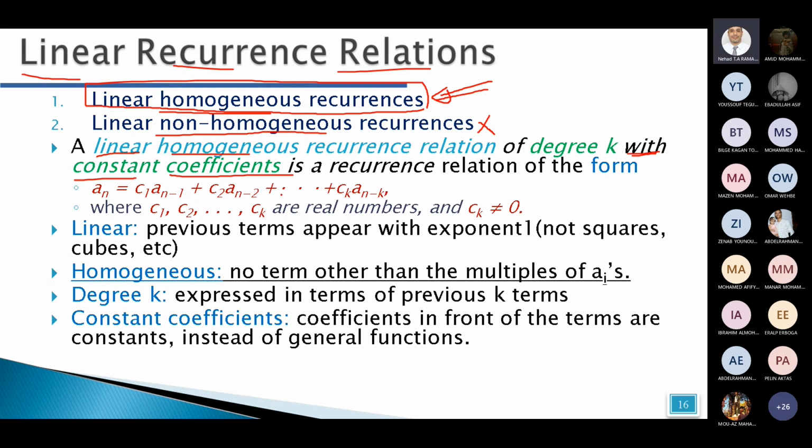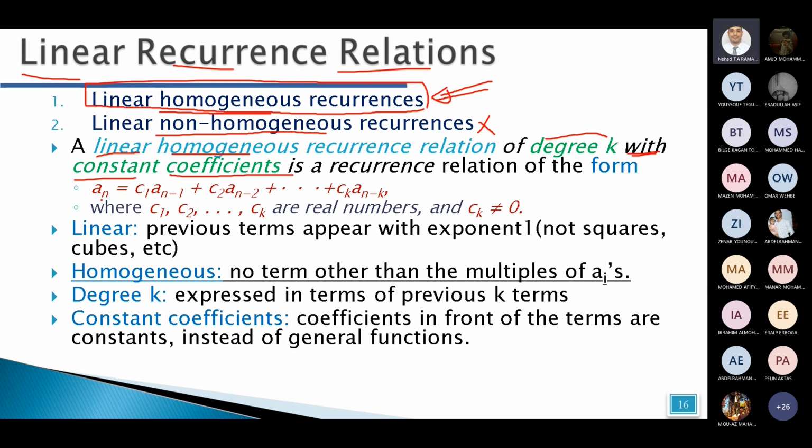What is the meaning of constant coefficient, linear, homogeneous, and degree of the recurrence relation? Like any equation, it has a degree.